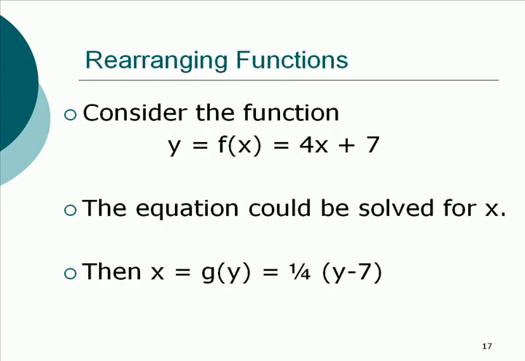Here's another function, y equals f of x. We couldn't call it either one. We're going to say y equals 4x plus 7, but we're going to give that the name f of x. So y is some function of x. It depends on x. First of all, it's important to note that that function can be solved for x. We can rearrange that. If we solve that for x right now, it's written implicitly or explicitly?